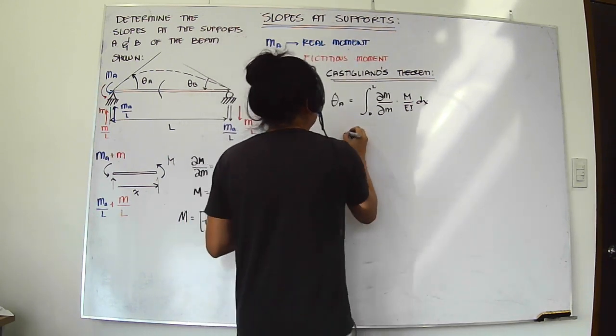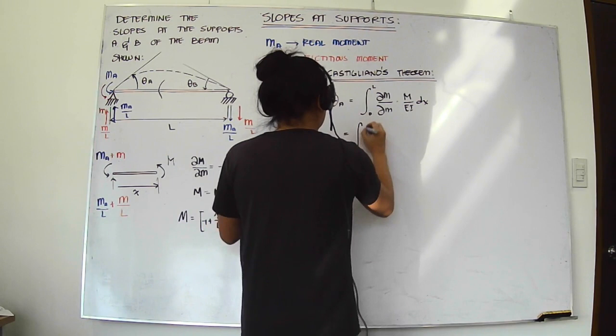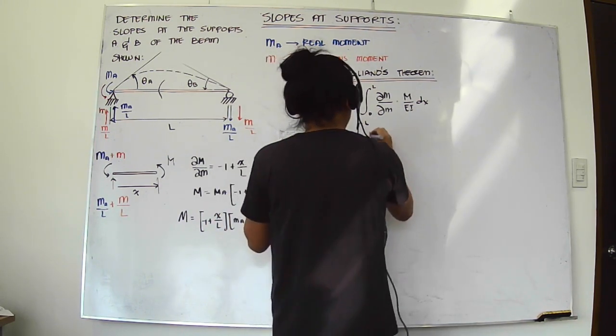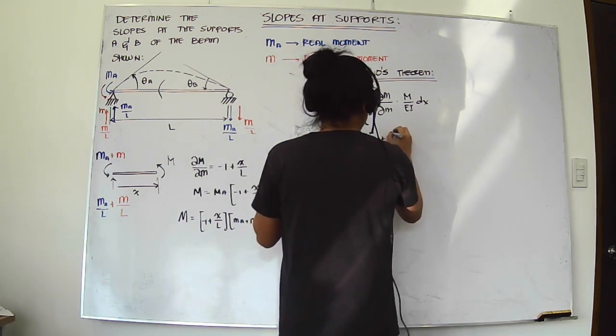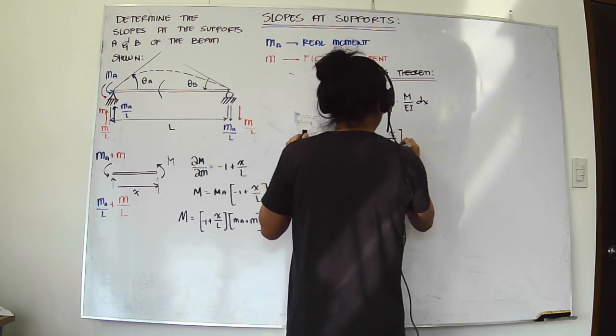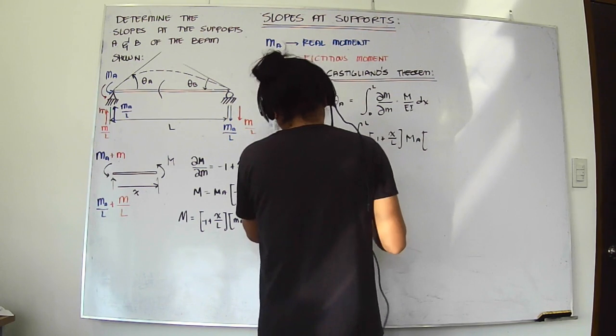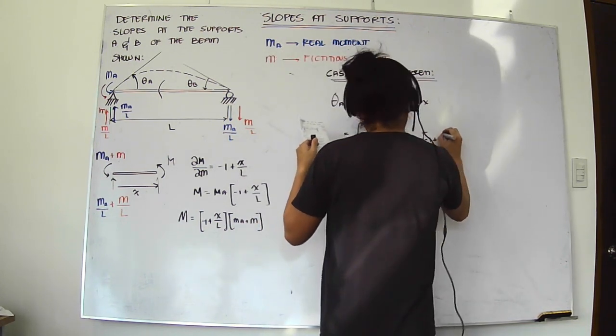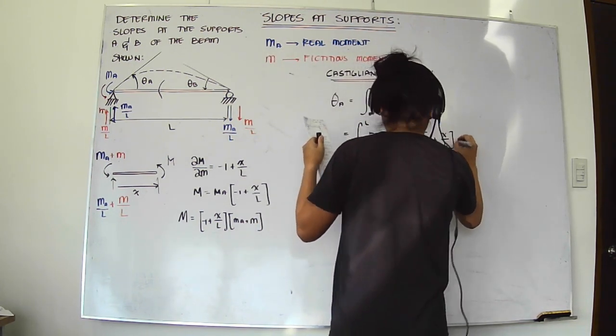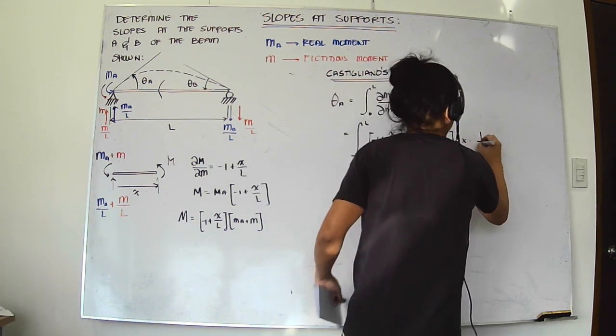In this case, we have the integral from 0 to L of MA times negative 1 plus x over L, times negative 1 plus x over L dx, times 1 over EI.